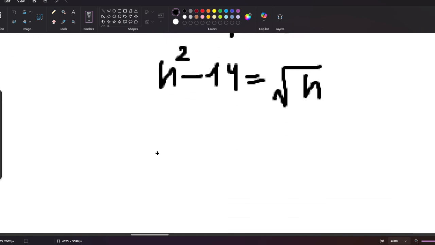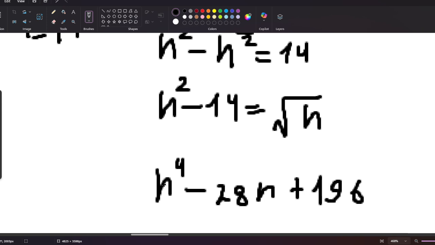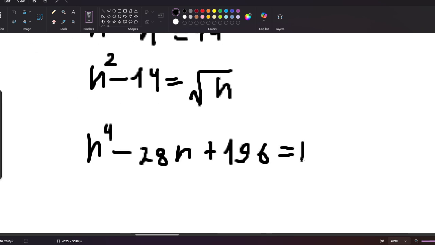Let's square both sides. N to the 4th power minus 28n squared plus, wait a second, I think it's 196. Okay, yeah, and that is going to be equal to n.